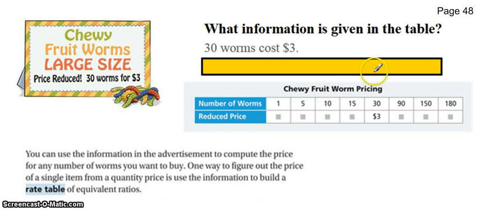If you need think time, go ahead and pause my video. If not, I know that 30 times 3 gives me 90. So if I triple the number of worms, it makes sense that it would be triple the price. So I'm also going to multiply the price by 3. And I know that 3 times 3 is 9.